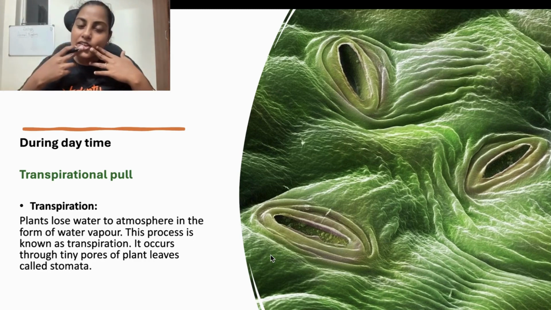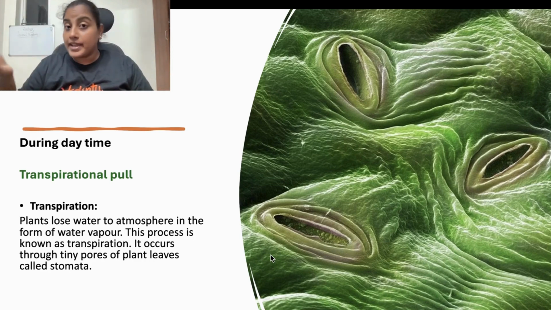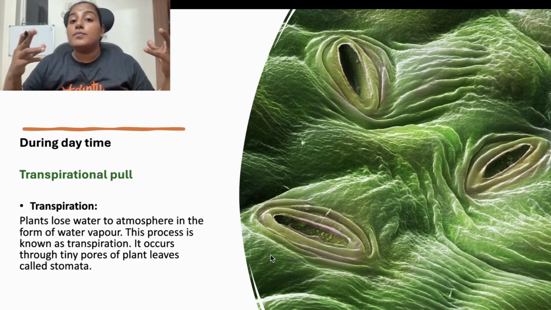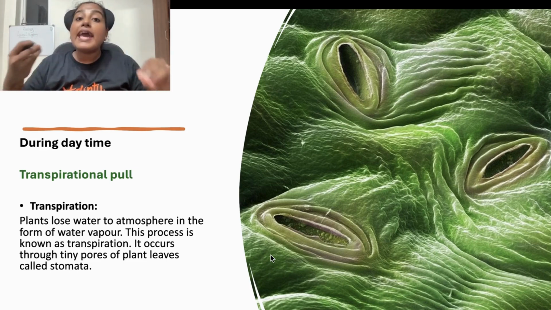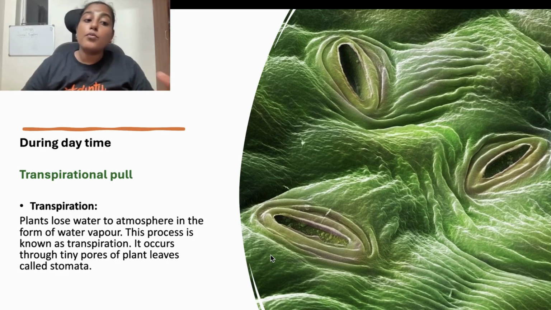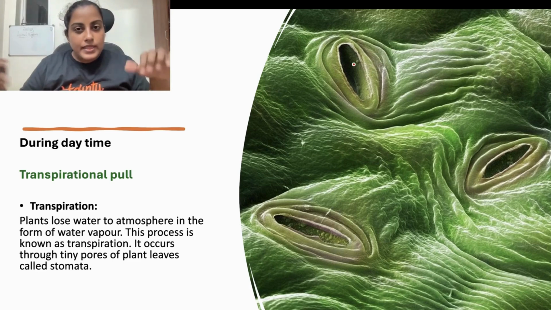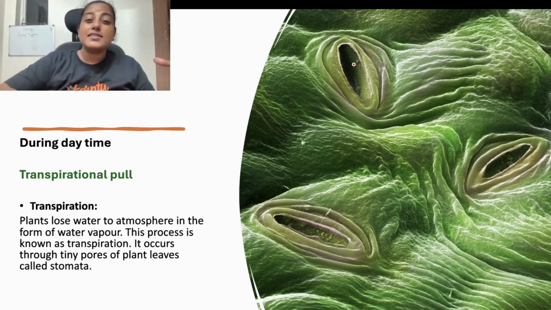Now, what is transpiration? I can say it's a process of excretion in plants, because the water is lost in the form of water vapor through stomata. Transpiration is a process by which excess water in the plant is lost in the form of water vapor through the tiny pores called stomata. So when this happens, it is creating a suctional pull.